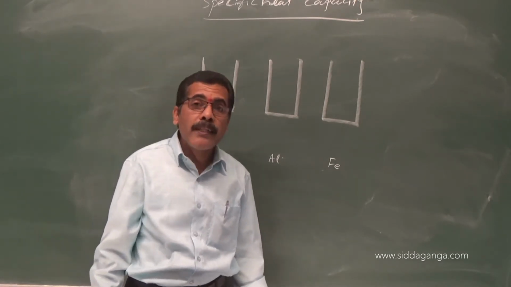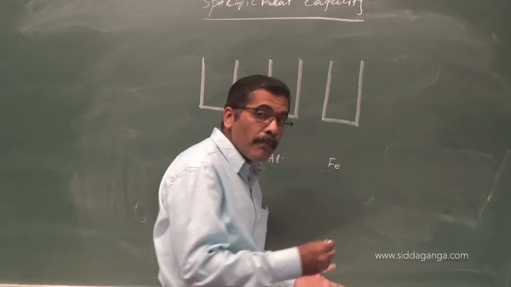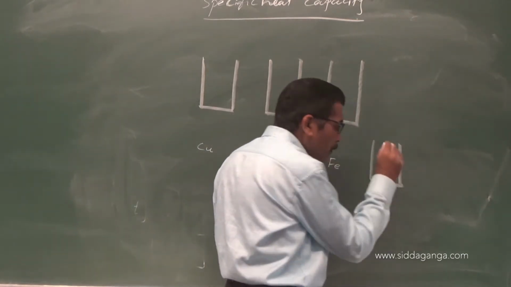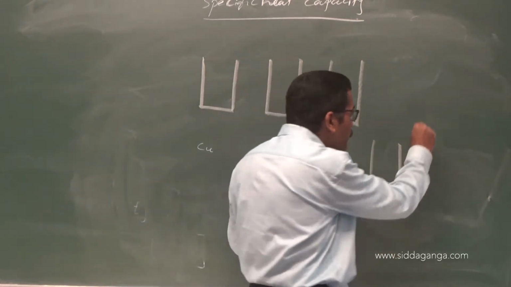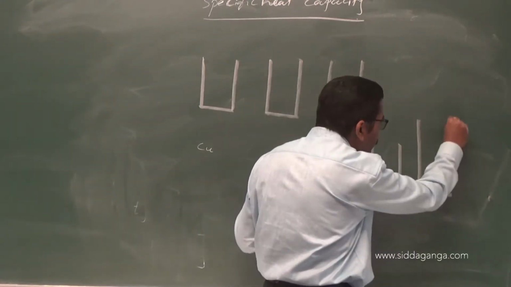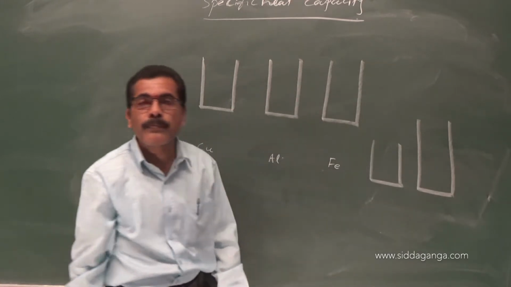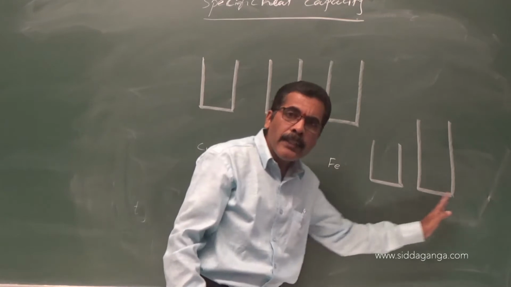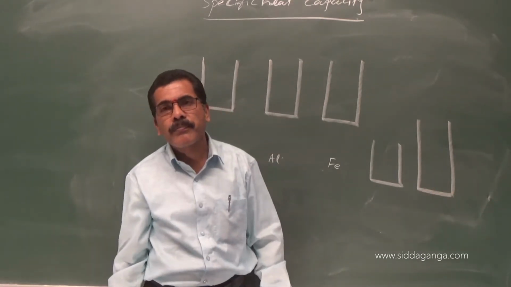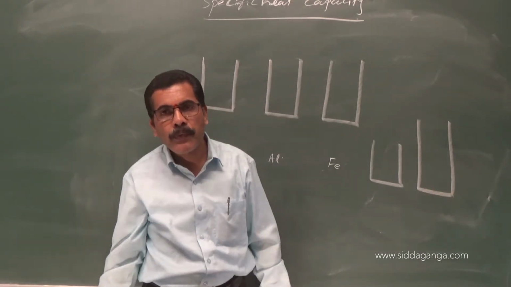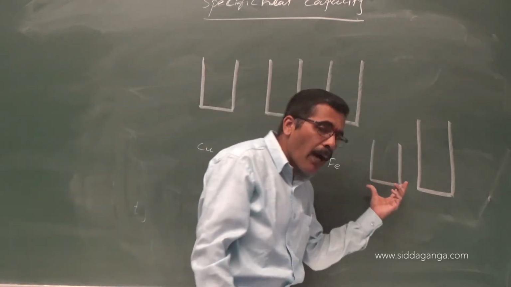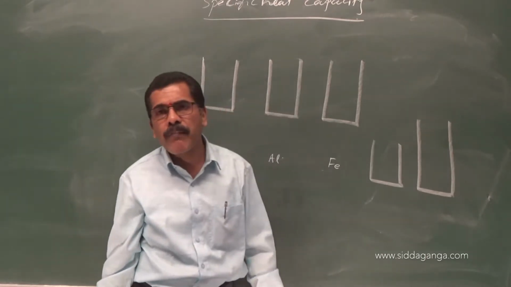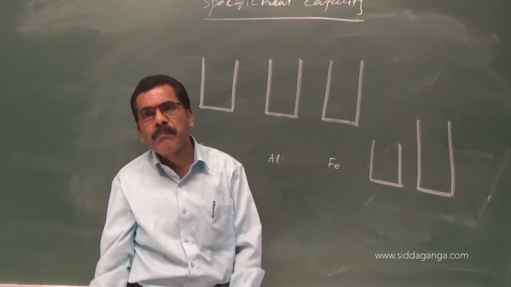Okay, now I just take two copper containers. See, one is of this size, another one is big size. I will supply same quantity of heat for same interval of time. You will find that the smaller container heats up quickly compared to the container having bigger dimension.